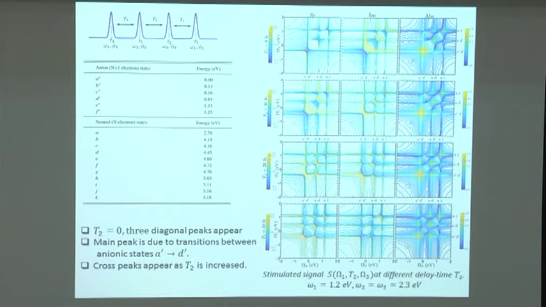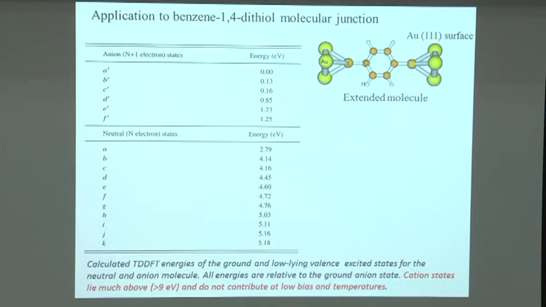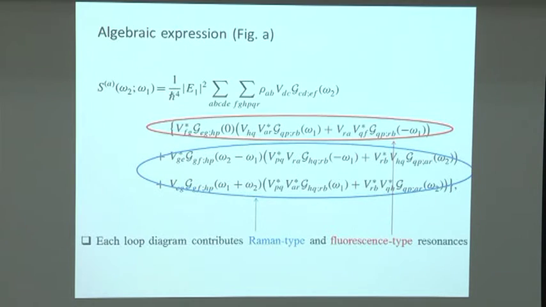These off-diagonal peaks indicate that there is a population transfer. Once you create the population in some excited state, it can decay to some other state because of the interaction with the lead, since there is exchange with the lead. So these are the population transfer peaks.